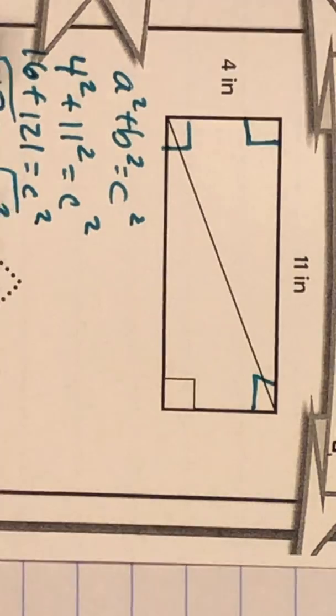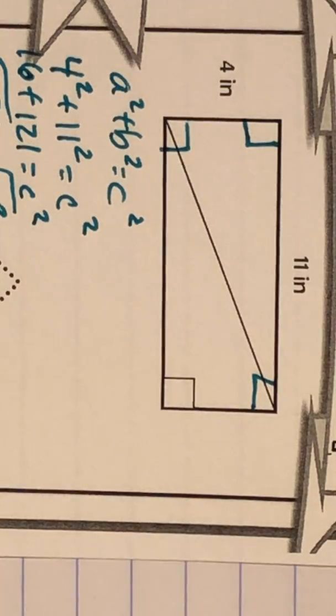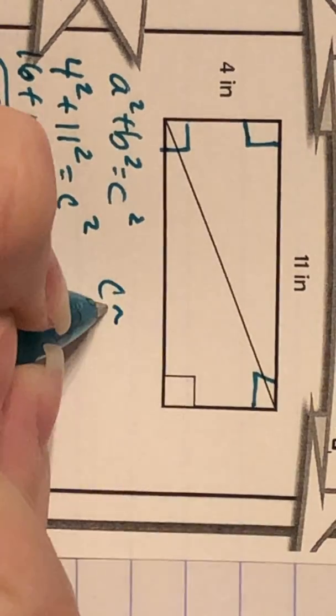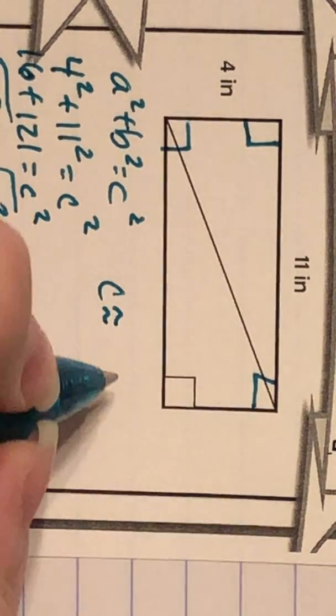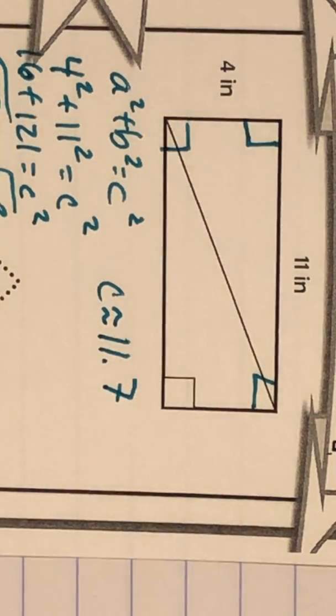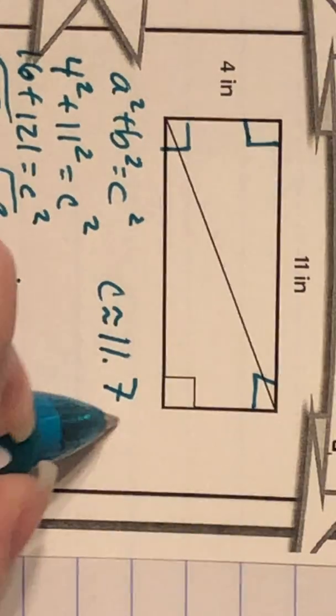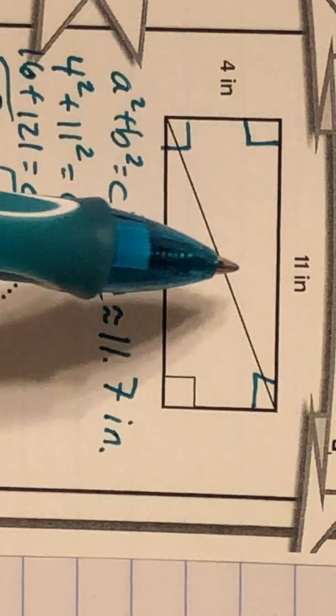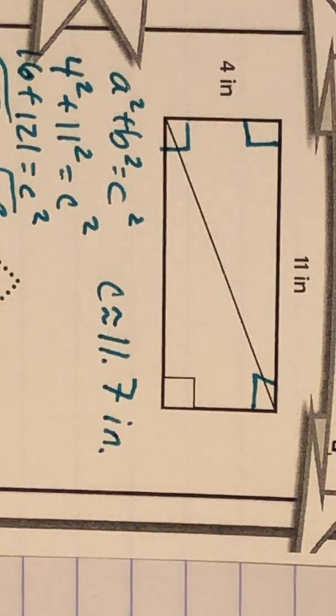And I square root both sides. The square root of 137 gives me c is approximately 11.7. And I'm going to round to the nearest tenth. And it's in inches because that's what they gave me in the triangle.